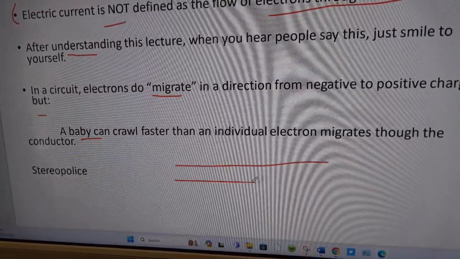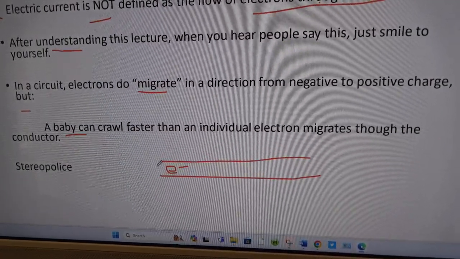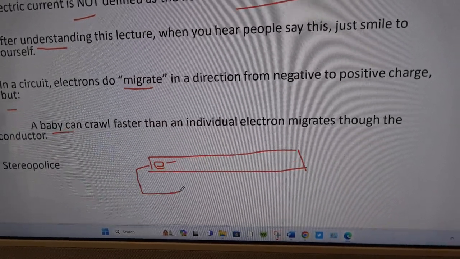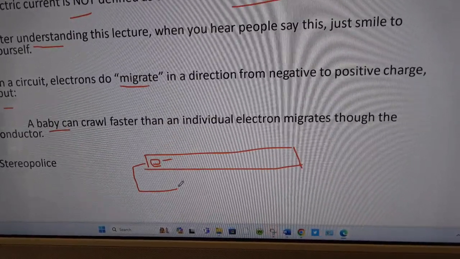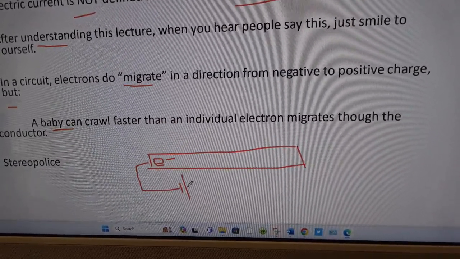I'm going to draw a conductor here, and a little electron, and then I'm going to put in an electromotive force here.